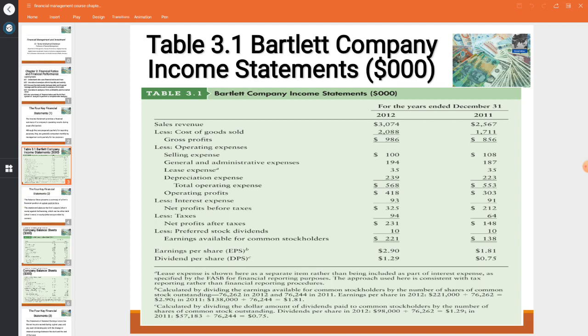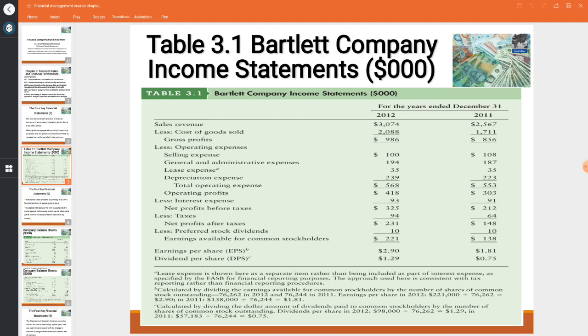The remaining part of your net income will be considered as earnings available for common stockholders. This earnings available for common stockholders, you could use for paying dividends to stockholders, or you could retain it in the shape of retained earnings.